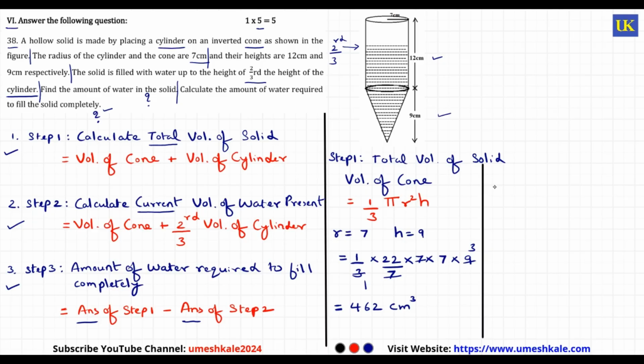Okay, now this is step 1. Now we will find volume of cylinder, because that is what we said here, right? Volume of cone plus volume of cylinder. Cone is what we have found out. Now we will find out the volume of cylinder.